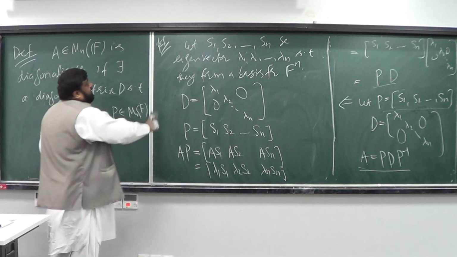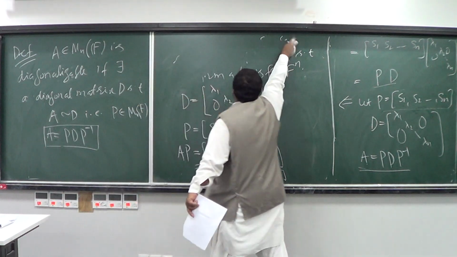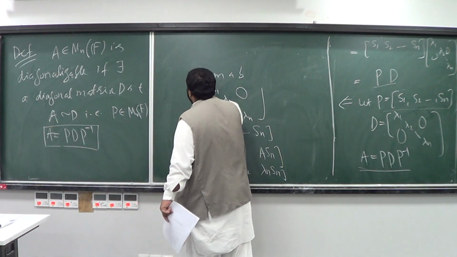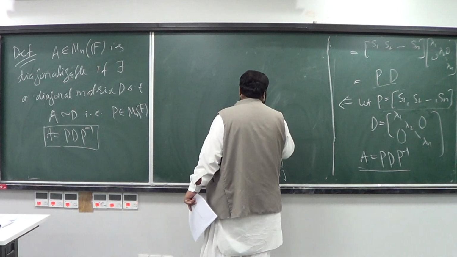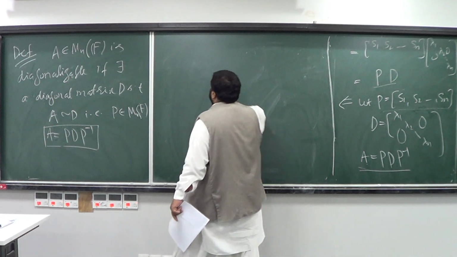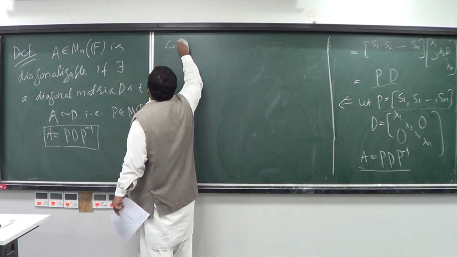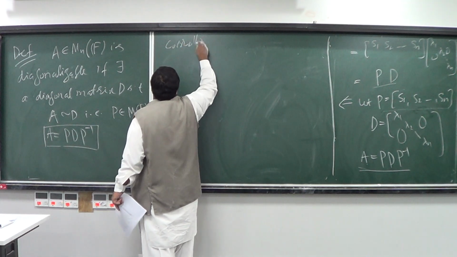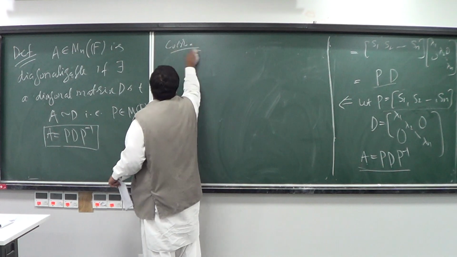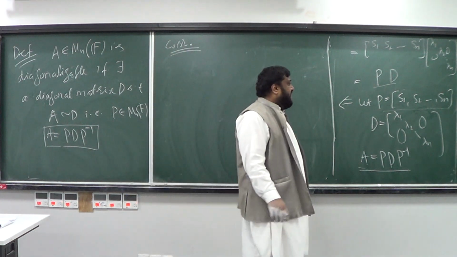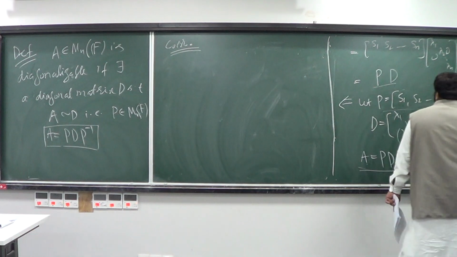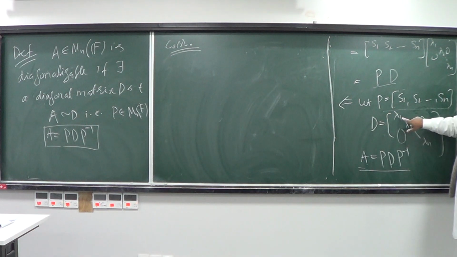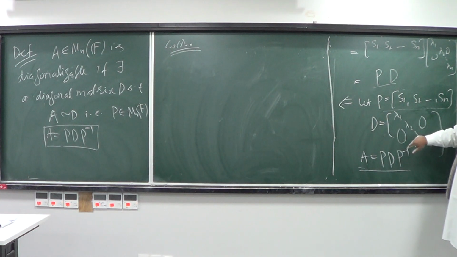One of the corollaries of this theorem, you might have already observed, is that in order to diagonalize a matrix of order n, the matrix must have n distinct eigenvalues.